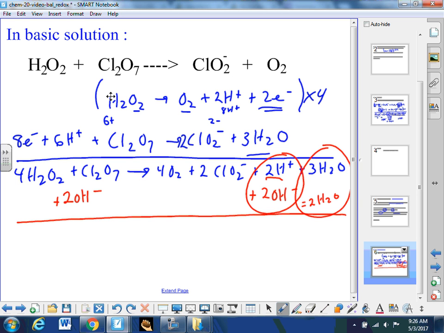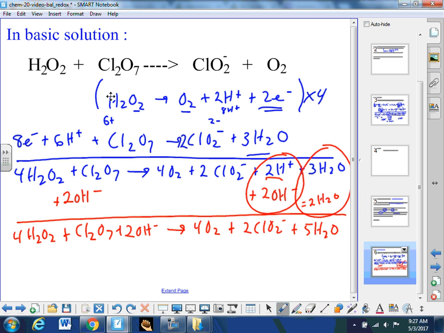If they were on opposite sides, we'd have to cancel. So here we have a final balanced reaction of 4 molecules of hydrogen peroxide plus Cl2O7 plus 2OH minus. This will go to 4 oxygens plus 2 ClO2 minus plus 5 H2O.